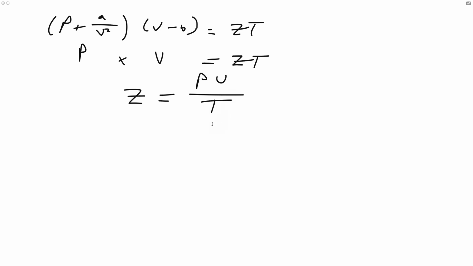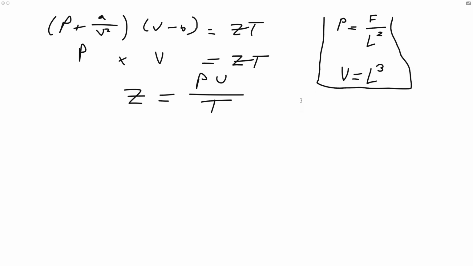So remember from question 100 that pressure equals force over area, which is L squared. Force over area. And we know that our V from question 99 is going to be L cubed. So these are our previously known and derived quantities.